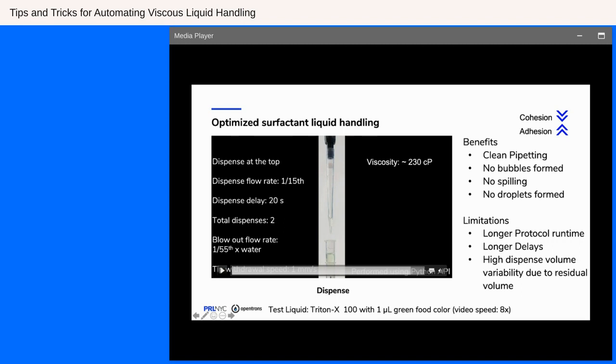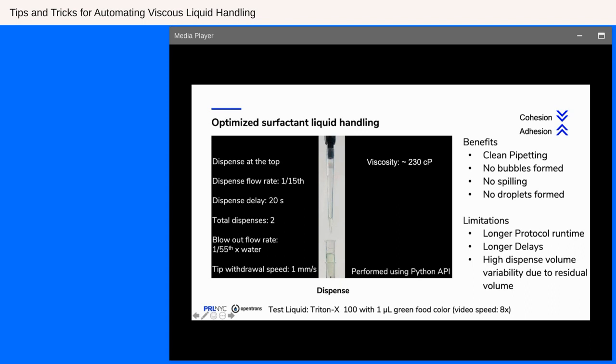So if protocol runtime is a critical factor in your protocol, then it's a good way to estimate the excess liquid or residual volume observed inside the tip, and then consider optimizing your protocol based on the residual volume, or based on the performance.